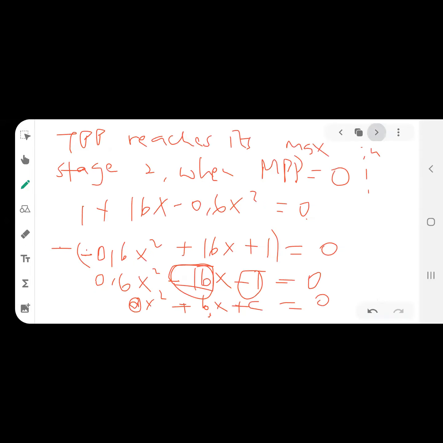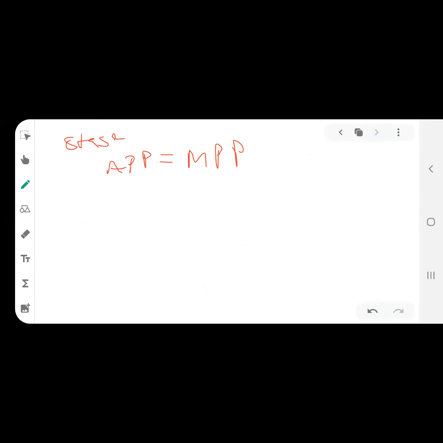So we are going to substitute the APP and the MPP. Our APP is 1 plus 8x minus 0.2x squared. And the MPP we got 1 plus 16x minus 0.6x squared, right?